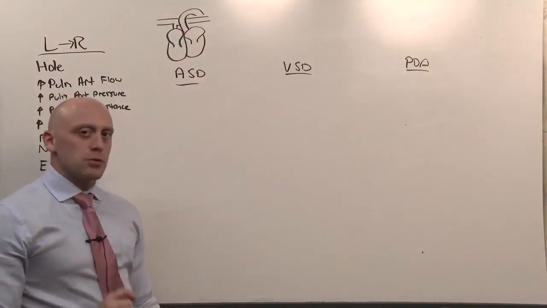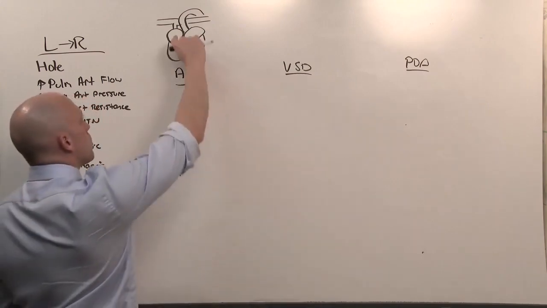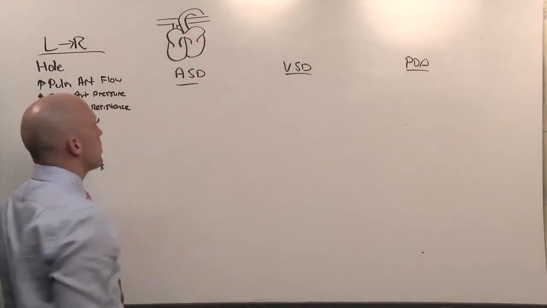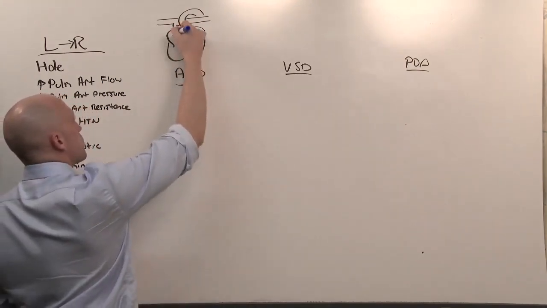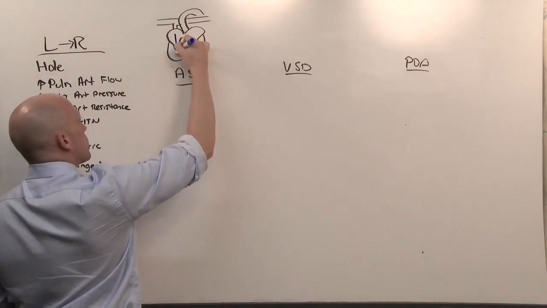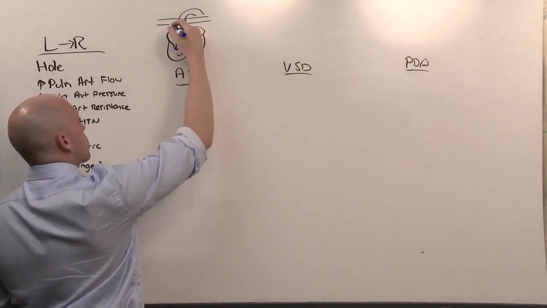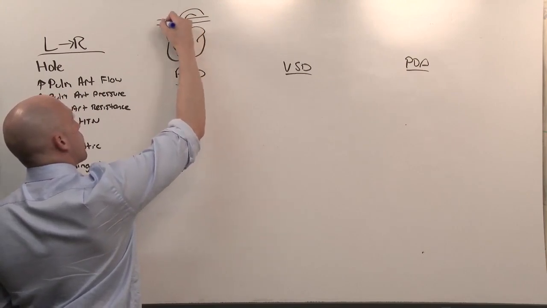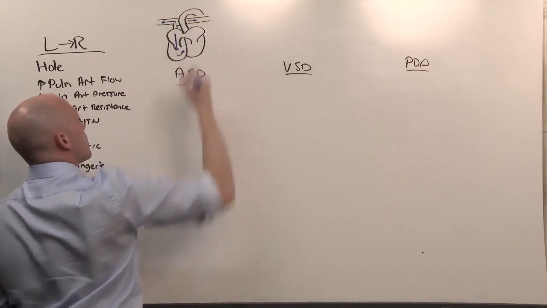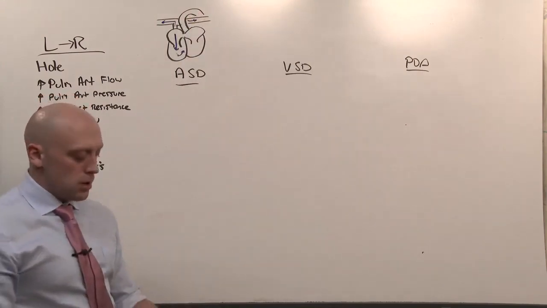In an atrial septal defect, there is a hole between the 2 atria, such that normal blue deoxygenated blood goes from the right atrium to the right ventricle, from the right ventricle through the pulmonary valve, and then into the pulmonary artery. That's normal.